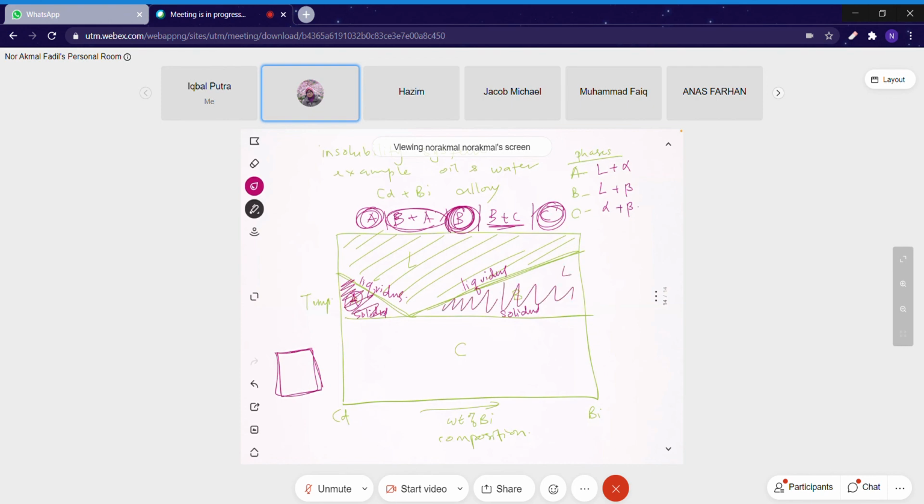Yes, you're right, liquid. So it's mixed with one solid inside the region. The liquid is coming from the right side, and the solid alpha is coming from the left. So what's on the left for this region A? Is it alpha? Where's alpha?